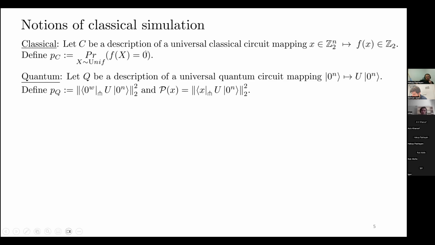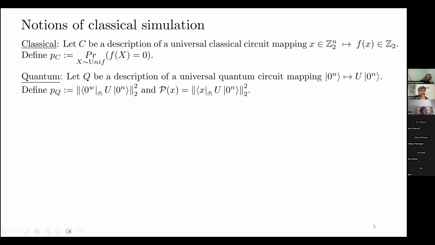If we let C be a description of a universal classical circuit, some circuit of ANDs, ORs, and NOT gates, then this circuit could define a Boolean function that takes length n bit strings to 0 or 1, a yes or no answer. And then we can define PC as the probability that the Boolean function evaluates to 0 on a uniformly random input.